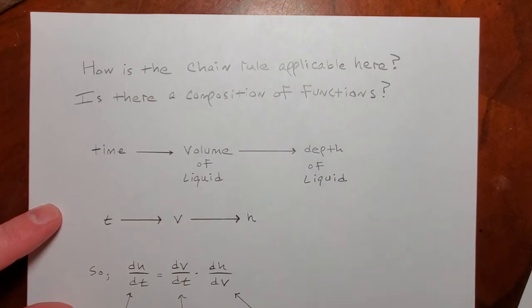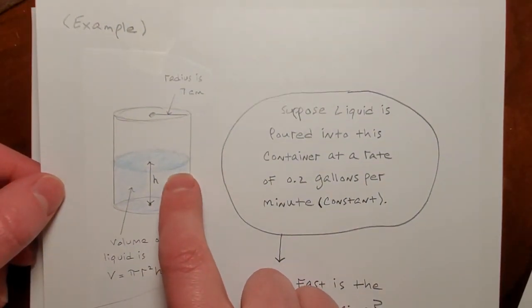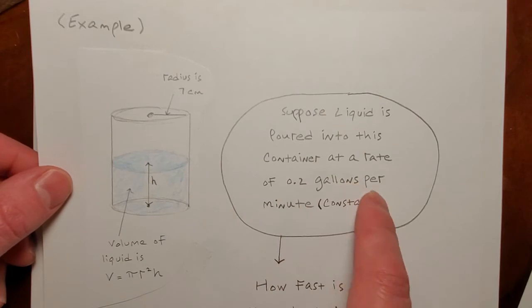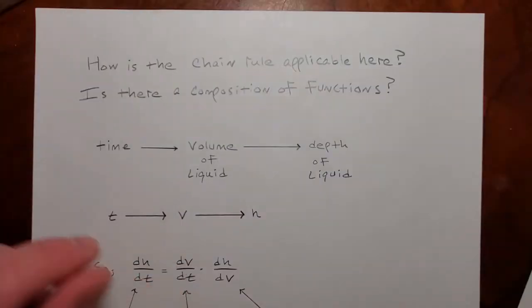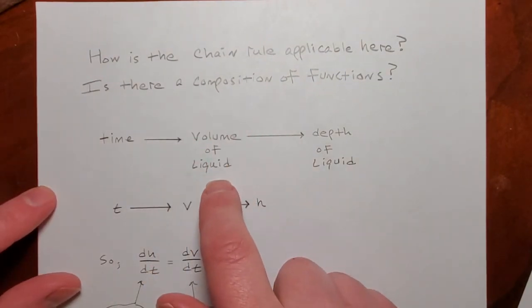Isn't there a different amount in here at time t equals 1 minute than at t equals 2 minutes? Yeah, there's 0.2 gallons more at 2 minutes than at 1 minute. So the time definitely determines the volume of liquid in the container.